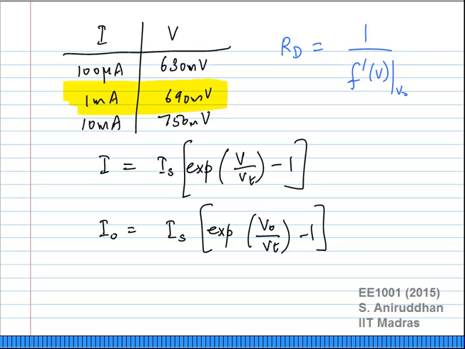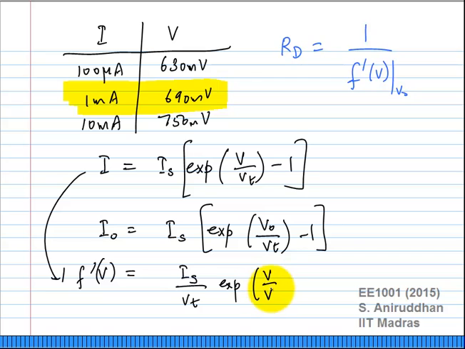Now what I need to do, I need to figure out what RD is. What is f prime of V? It's Is by Vt exponential V by Vt, right?